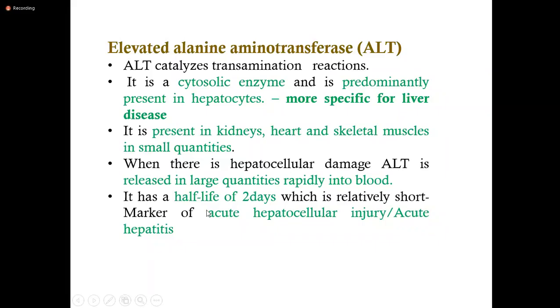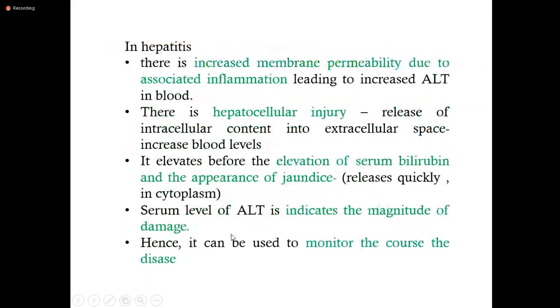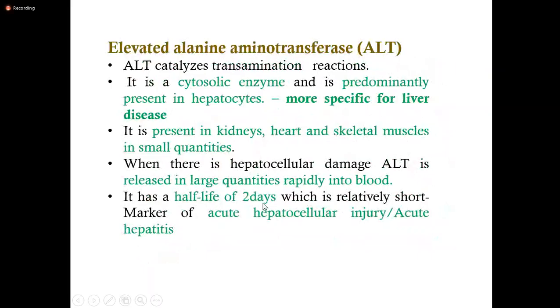And it also has a short half-life. Why is the short half-life important? If a marker has a longer half-life and stays in the blood for a longer period, you can't find the changes in the course of the disease.